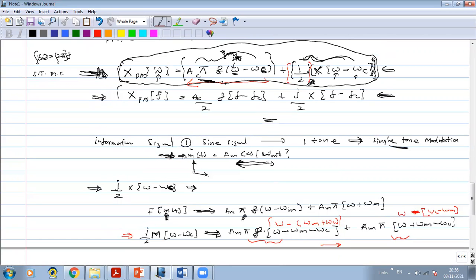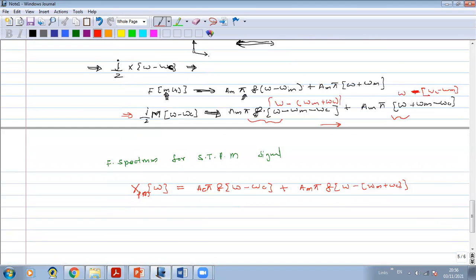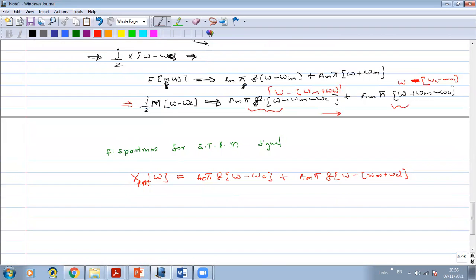I didn't use the half here, so half should be here, and j also should be here, and it is common to both signals.